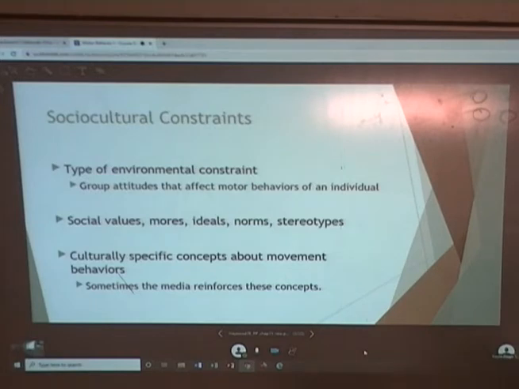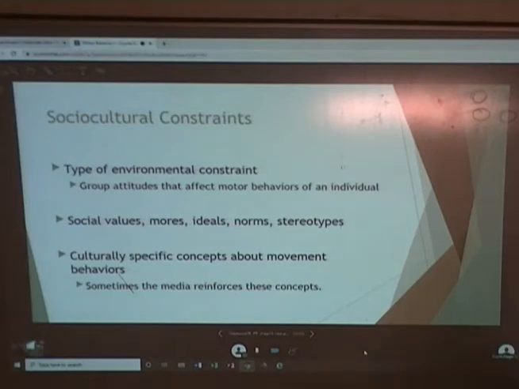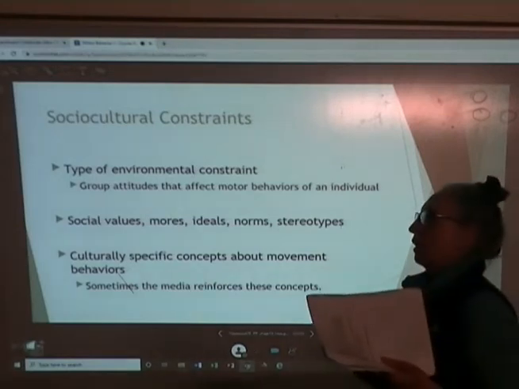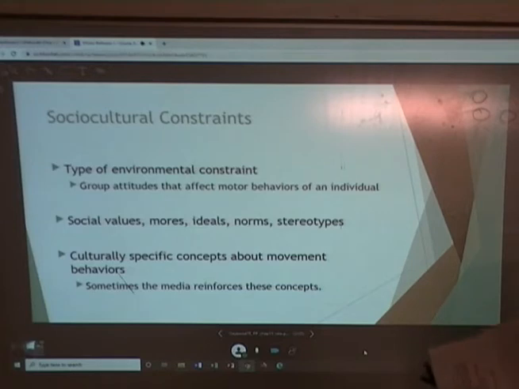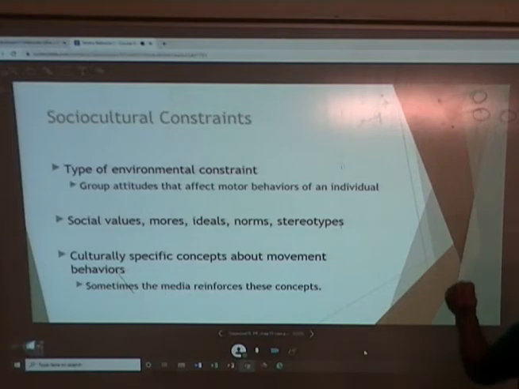Sometimes the media reinforces these concepts, okay? Particularly when we start looking at what we consider appropriate for certain groups, right? I remember, I think it was Lindsey Vonn, who was a downhill skier, was really irritated with the constant questions about what her hair was like, what makeup did she wear, right?